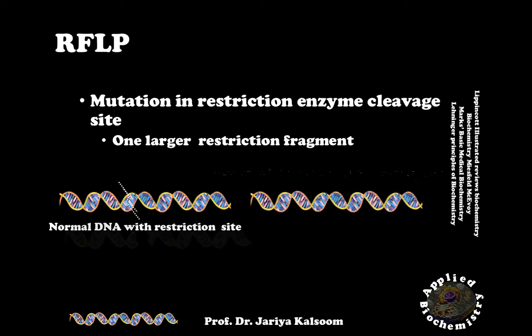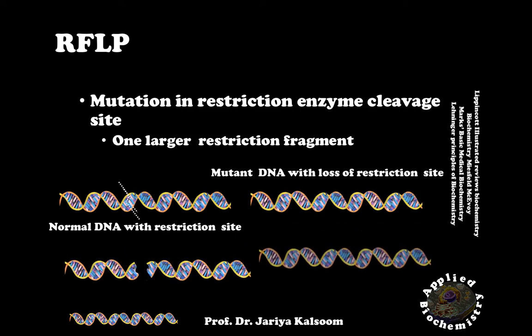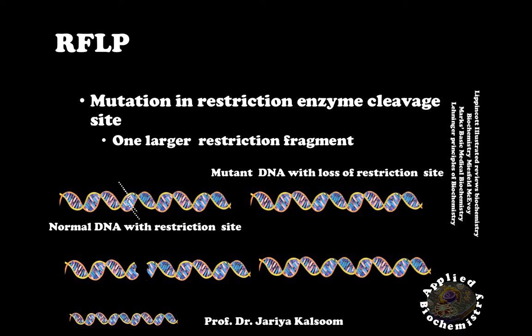Occasionally, a mutation occurs in a restriction enzyme cleavage site that is either within a gene or tightly linked to a gene. As a result of this mutation, the specific restriction enzyme for this site will not be able to cleave it, though it will be able to cleave normal DNA restriction site which is not mutated.